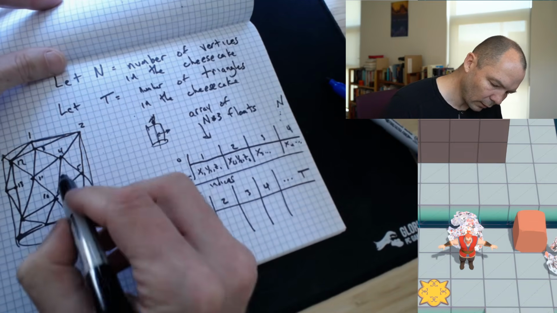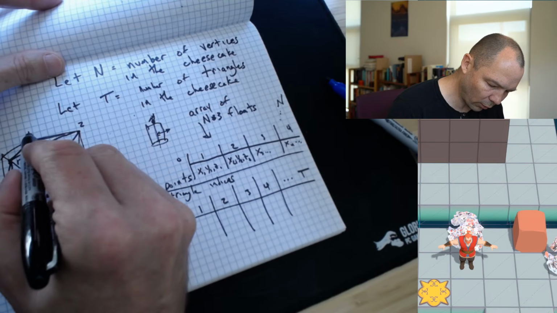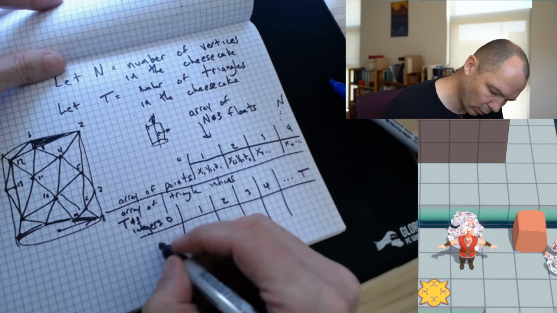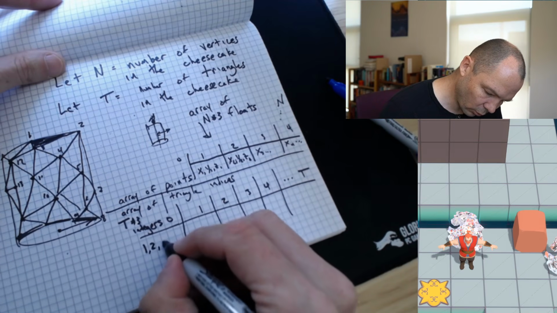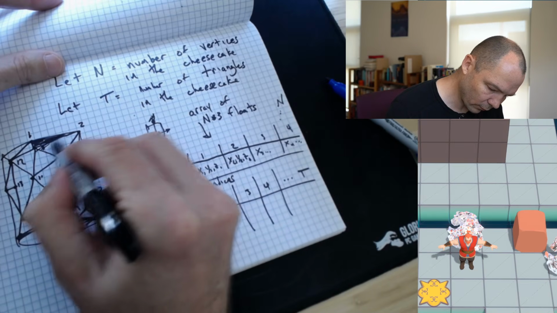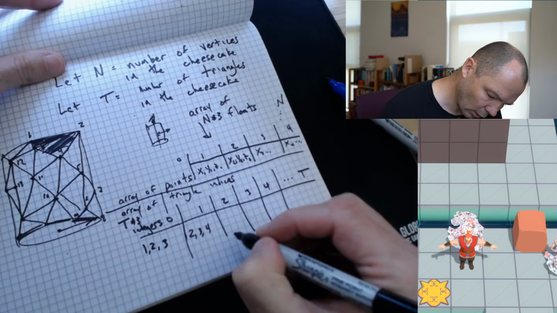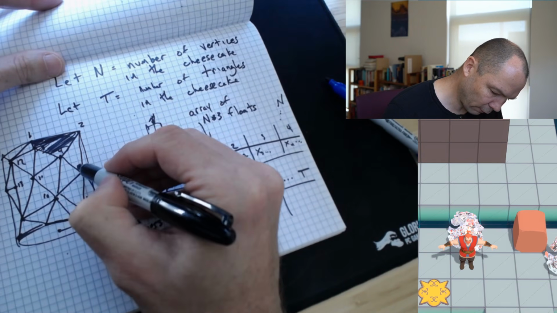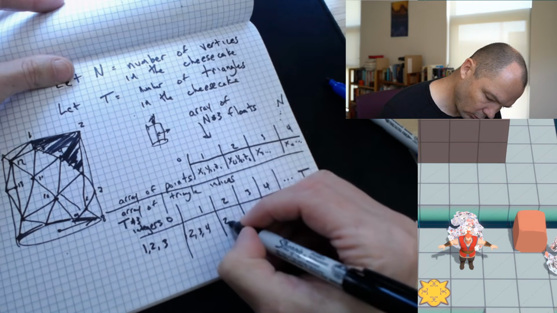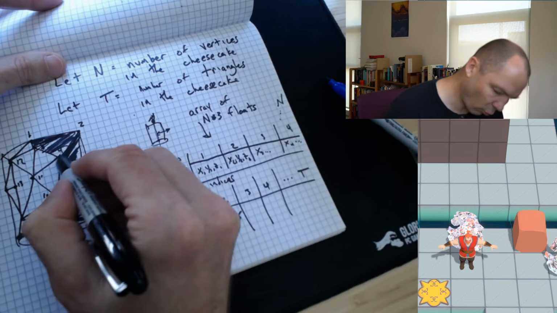Okay. And let's say we just start talking about all the triangles in this cheesecake. So this is 1, 2, 3 right here, right? We're going to color that in and say we got that one. So that's 1, 2, 3. Here's another 1, 2, 3, 4, right? So we're going to color that in. So far, these are in a nice order. But this one is 2, 4, 5, right? This one is 4, 10, 11.